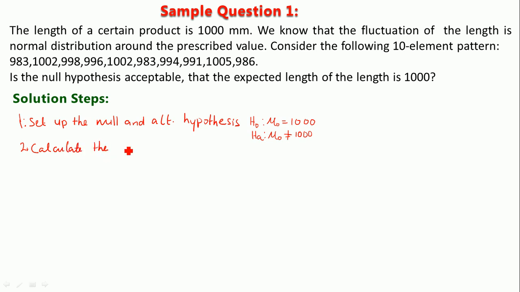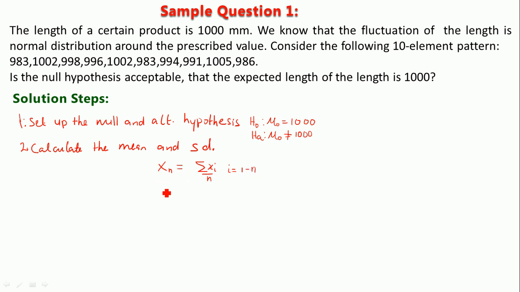Of course you know the mean, you use the formula for the mean. Let's call the mean x bar. The formula will be sigma of x over n, sigma of x over n from i equal to 1 to n.